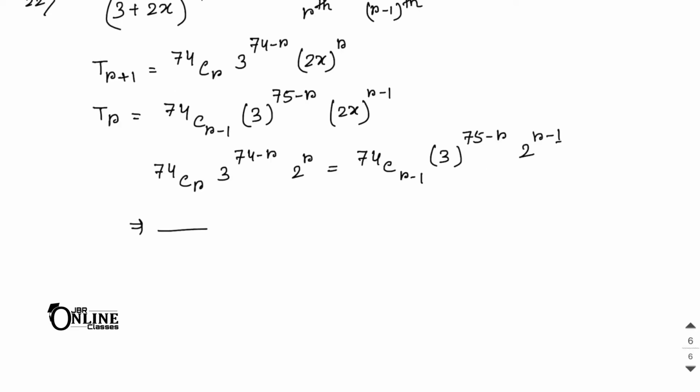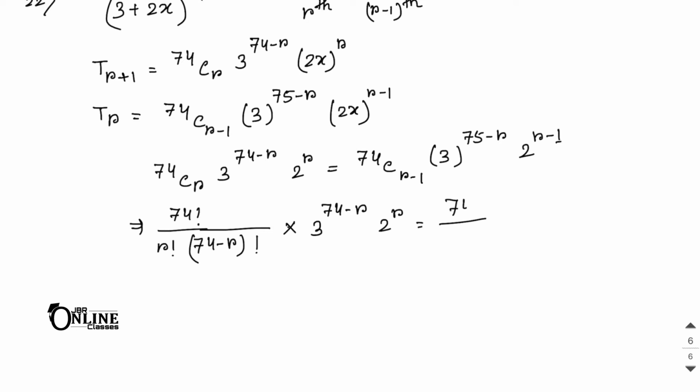So now you can write down 74 factorial, then r factorial, then 74 minus r factorial, multiplied with 3 to the power 74 minus r, 2 to the power r.